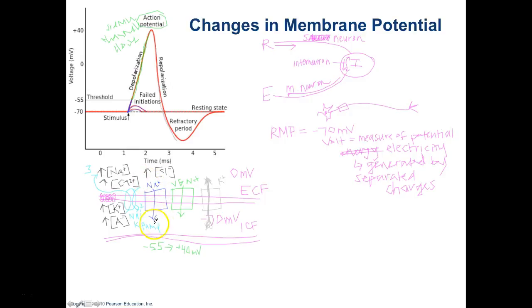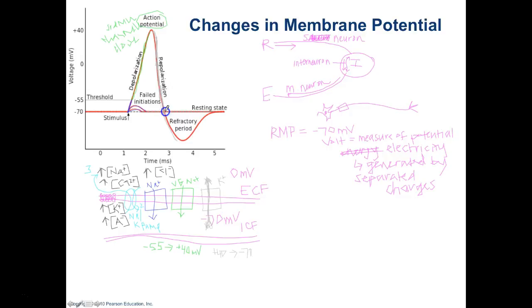So that's why it's flowing in this direction inside the cell. So repolarization is what we're going to term when all that potassium is flooding out of the cell, and that is bringing that membrane potential from the positive 40 to negative 70.